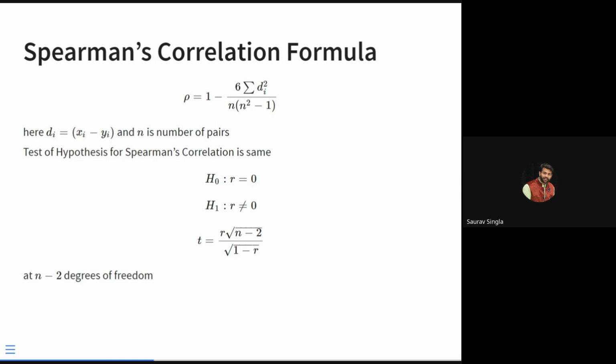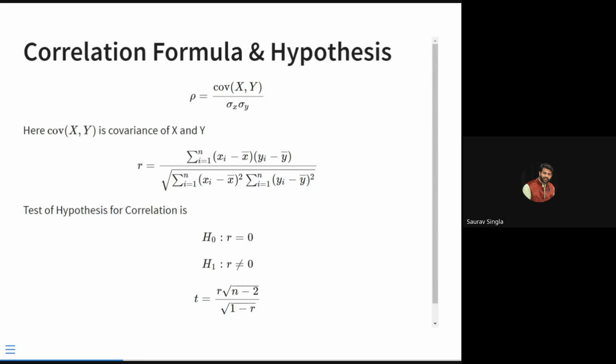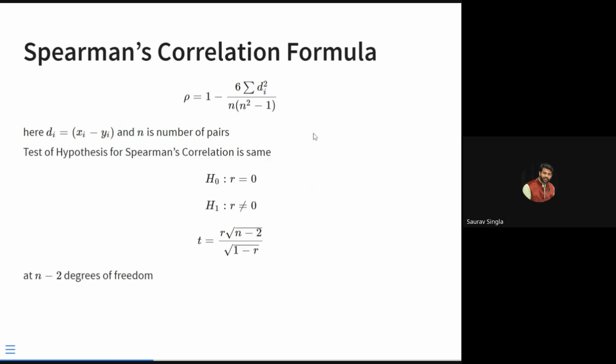Here x follows a normal distribution, y also follows a normal distribution. Both the samples are coming out of the normal distribution. But Spearman correlation is free of such an assumption.